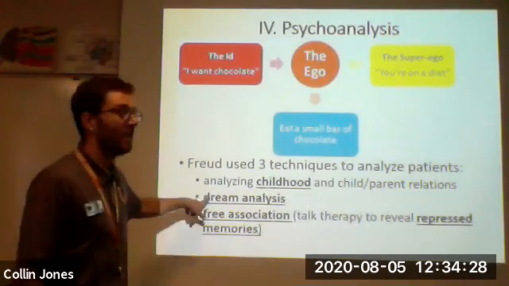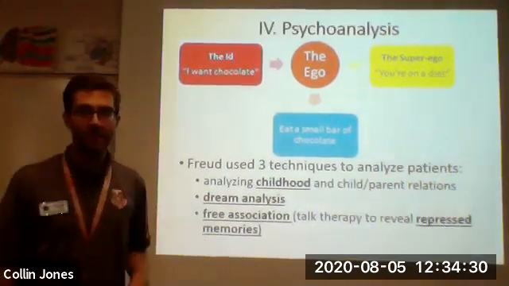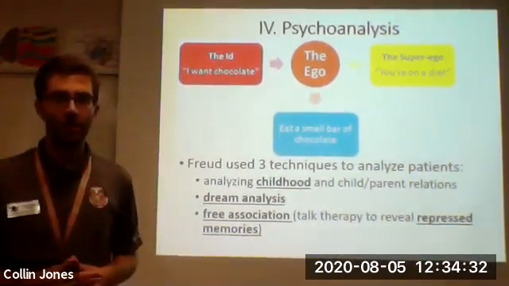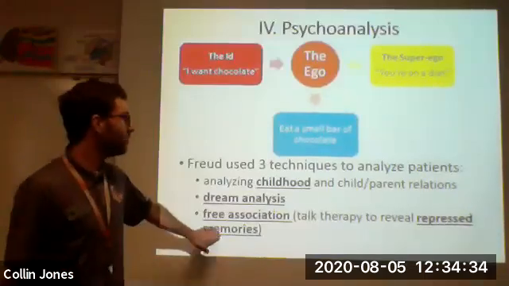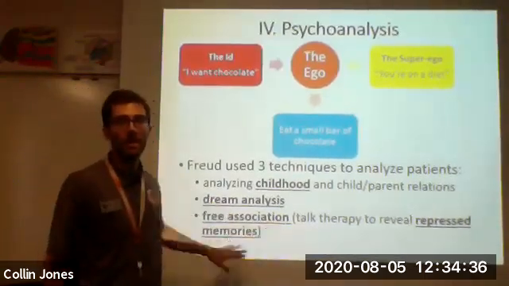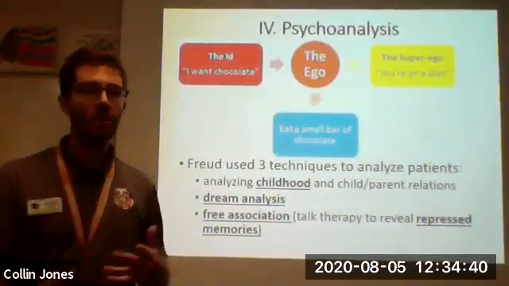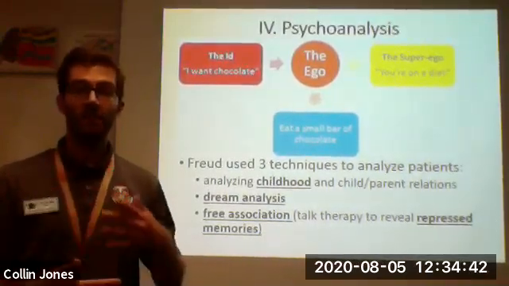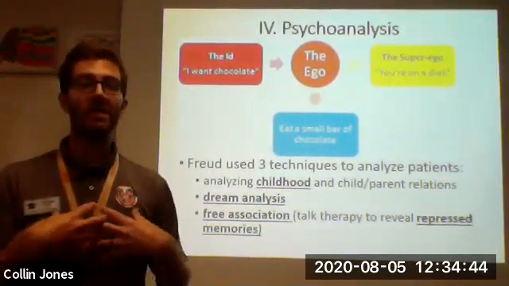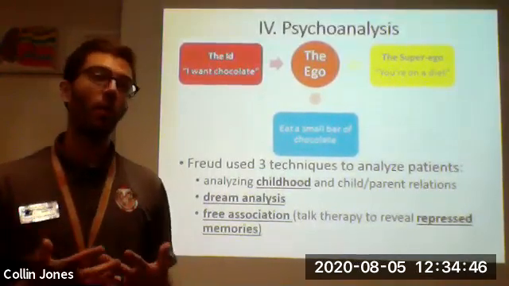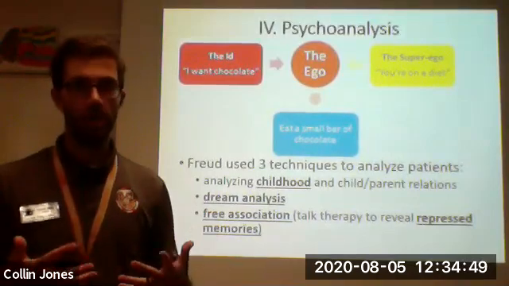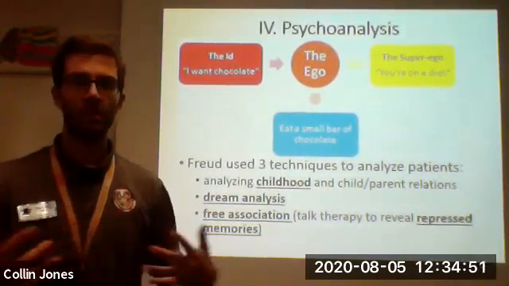Freud said, number two, the dreams you have reveal things about who you are and why you are the way you are. And Freud also said that if you let people talk for long enough, he said, free association. If you just kind of let them ramble, talk about whatever comes to mind, that eventually will come up are the things deep within them that maybe they weren't even aware they were dealing with. Okay? He called those repressed memories. He called it repression.